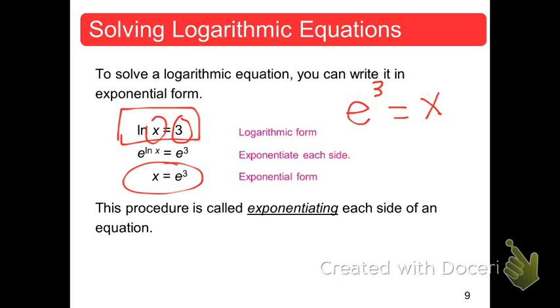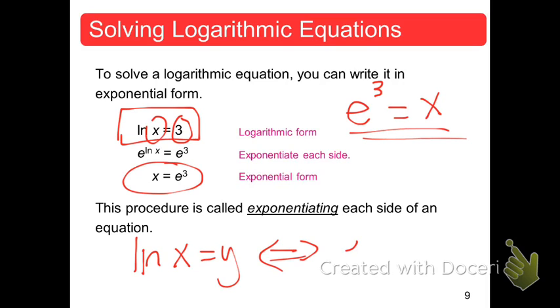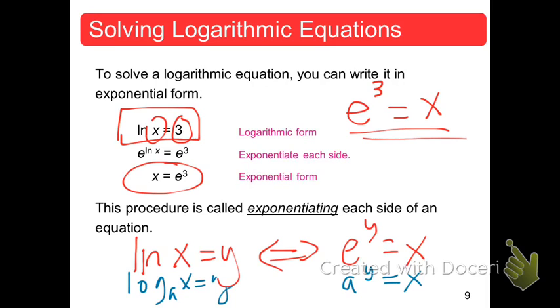So from here on out, I probably would not do the exponentiating when we have an e, but I will use this form, which says that if the natural log of x is equal to y, it is true that e raised to the y is equal to x. The same thing is true if I have log base a of x is equal to y. This is if and only if a to the y is equal to x.